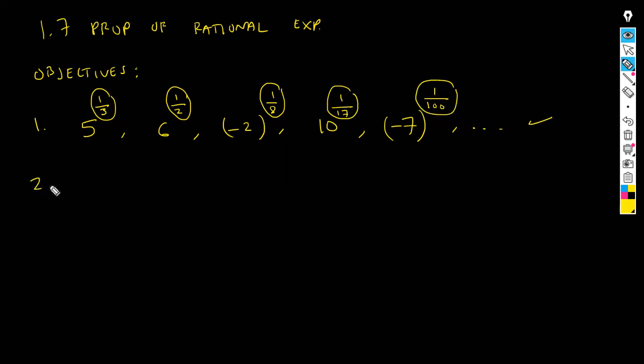And the second thing that I want you to understand and be able to calculate is the more general case, which is any number, for example the 5 again, but to any possible fraction.